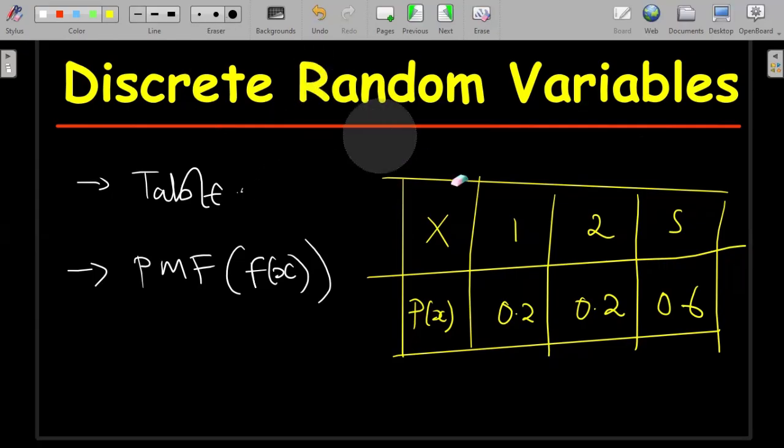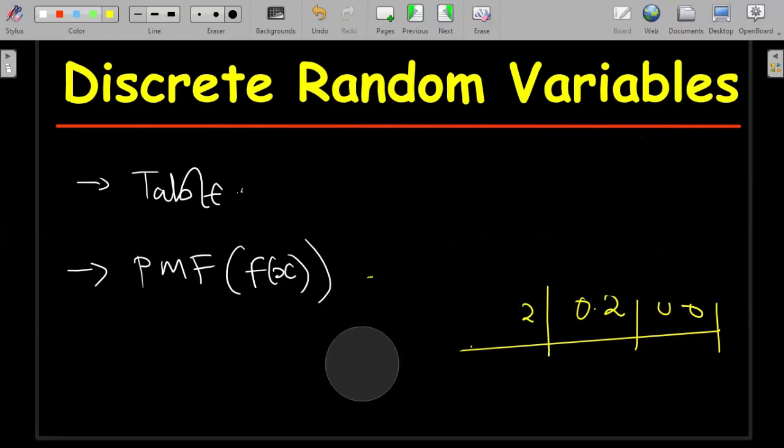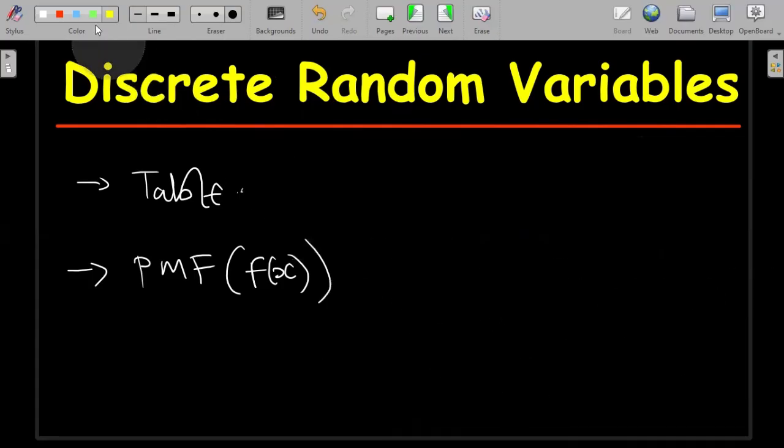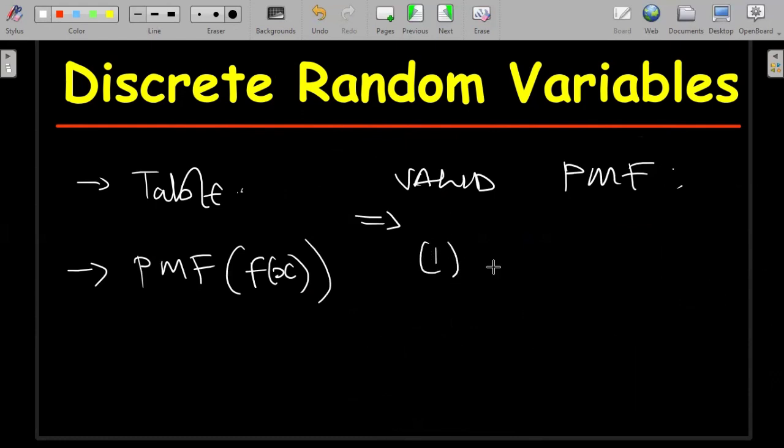Now it's very important for us to know the properties of the PMF, the probability mass function. For something to be a valid PMF, it must satisfy the following two conditions. The first one is that f of x should be between 0 and 1 for all the values that x can take in that distribution.